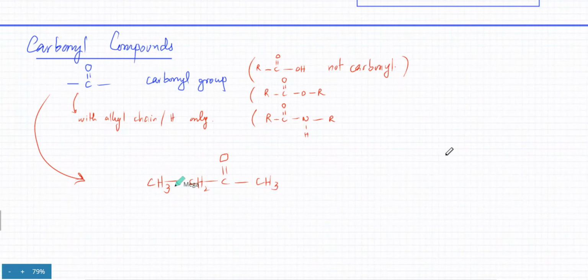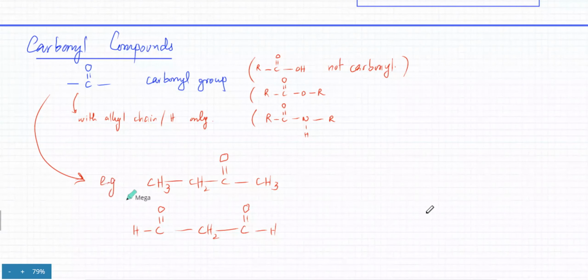And similarly, one more example. This is also carbonyl. Actually, it has 2 carbonyl groups. There's a carbonyl group on the right side and there's a carbonyl group on the left side. So these are the examples of carbonyl compounds.